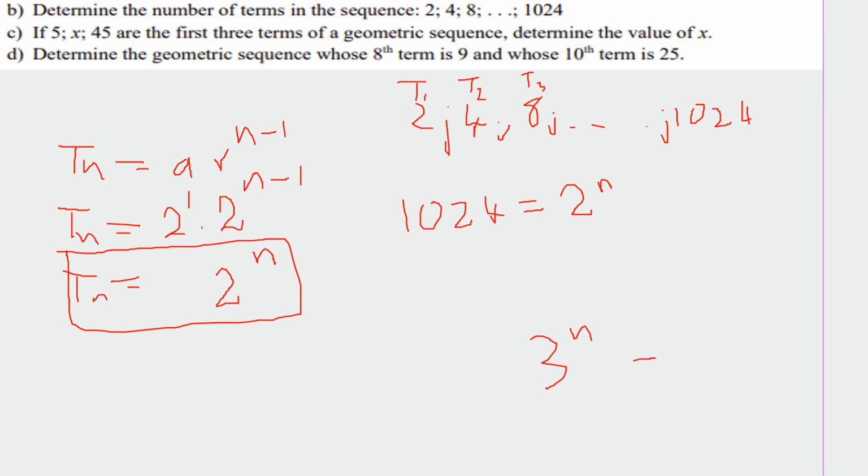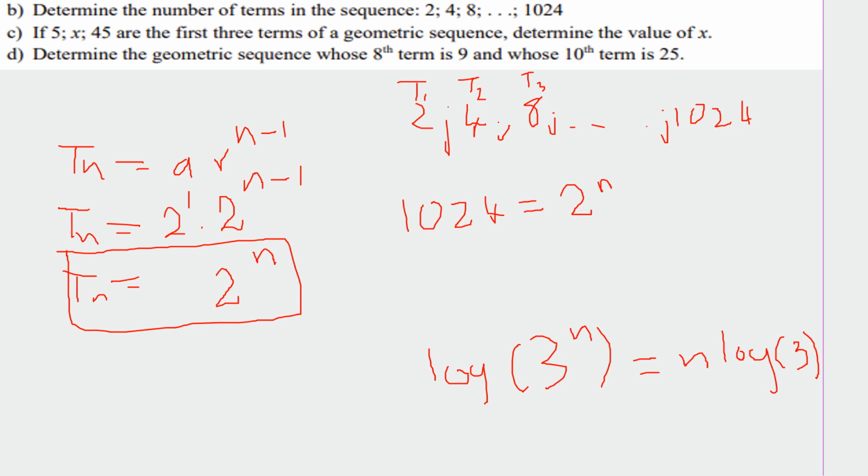If we apply a log function to 3 to the power of n, basically an exponent will become the coefficient of the log function. So the answer will be n log of 3. I hope it makes sense.